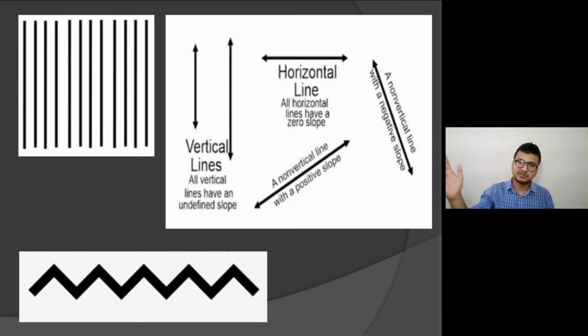Moving to the right side is positive, and the left side is negative. When we plot a graph with the x-axis and the y-axis, the left side of the area will be in the negative area and the right side will be positive. With reference to that, we can see here a non-vertical line with a negative slope, and on the right side a non-vertical line with a positive slope.